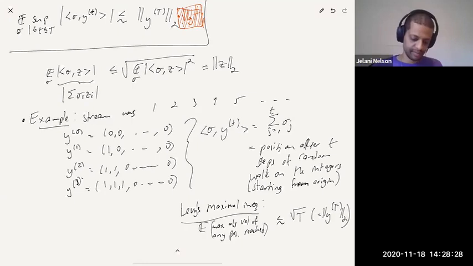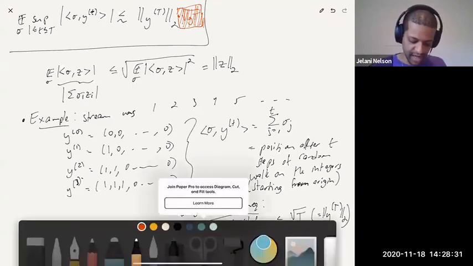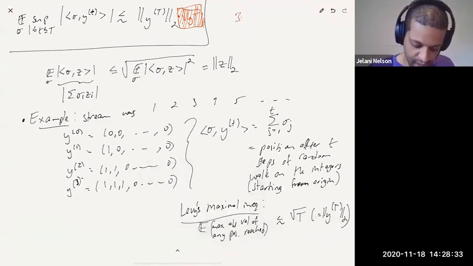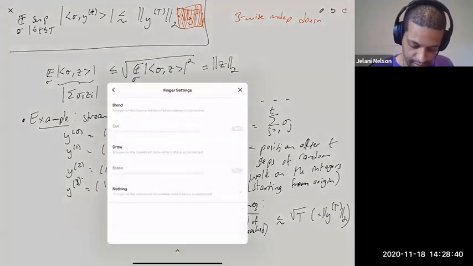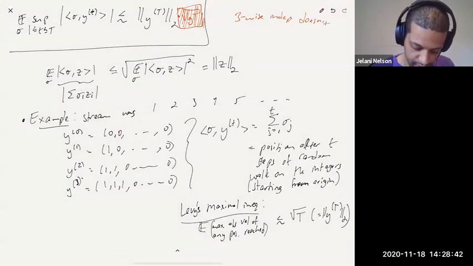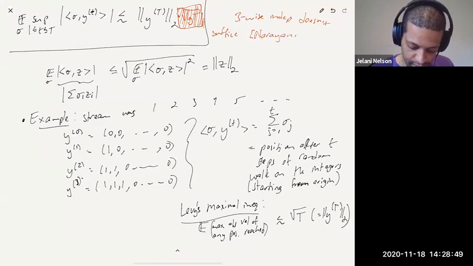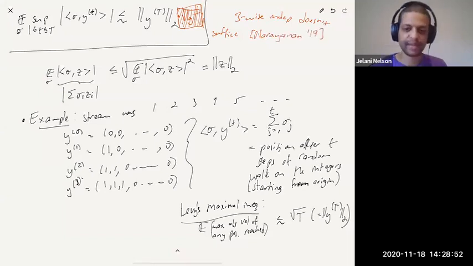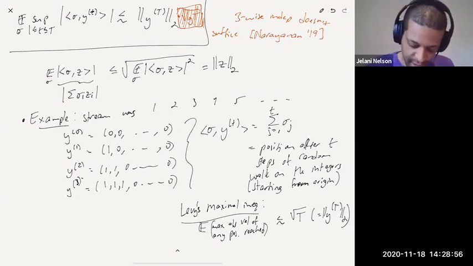And I should mention, maybe a little advertisement for this course, three-wise independence doesn't suffice. That was due to Narayanan in 2019. He took a previous version of this course in 2018.